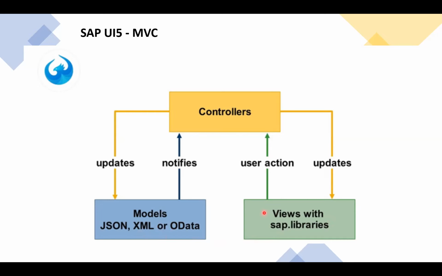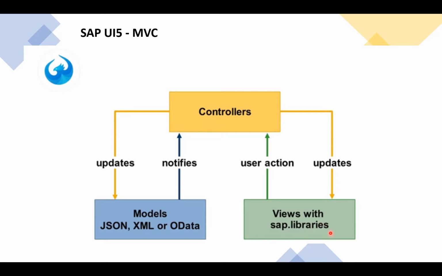So there will be no communication between the view and model. This is what the MVC architecture always defines. And these controllers are the JavaScript files in our UI5 terminology. The JavaScript files play the role of controllers here.